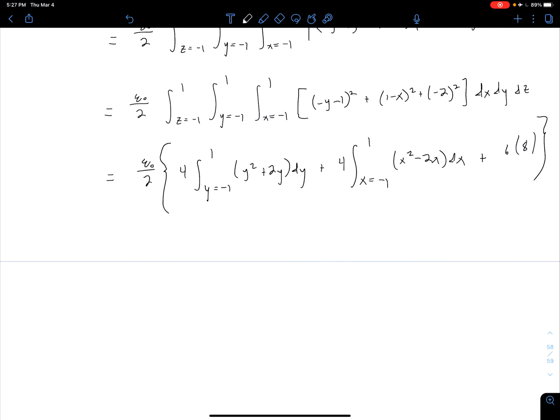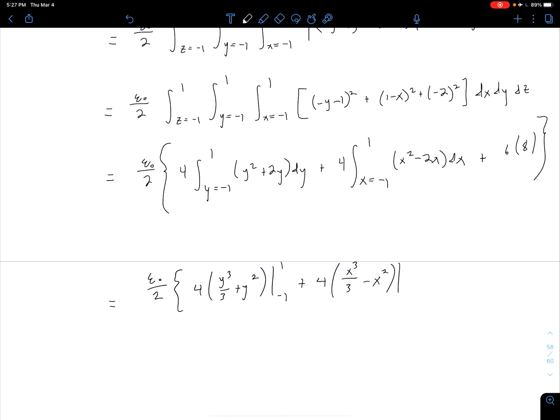Evaluating this, we have epsilon naught over 2 times 4, and then y cubed over 3 plus y squared, evaluated between negative 1 and 1, plus 4 times x cubed over 3 minus x squared, evaluated between negative 1 and 1, plus our 6 times 8.